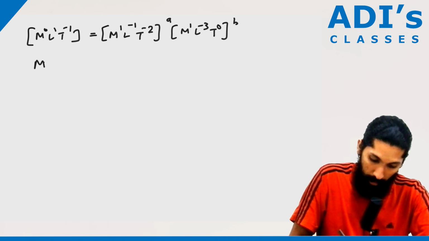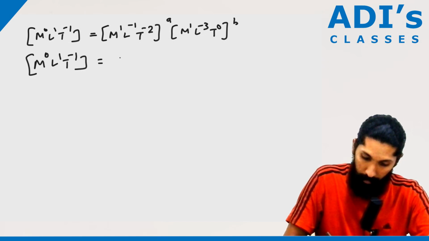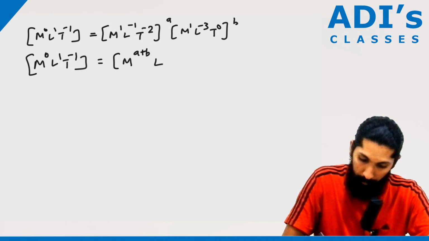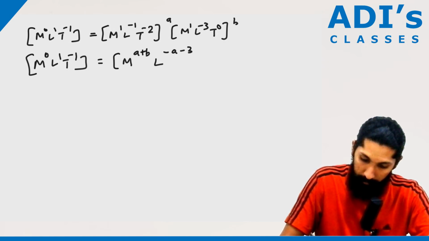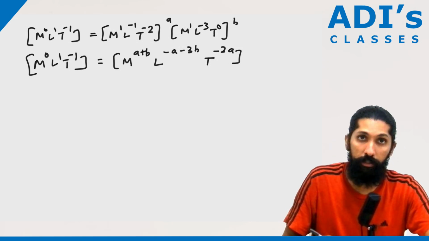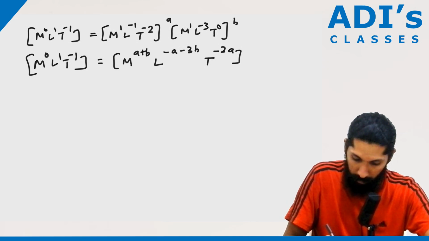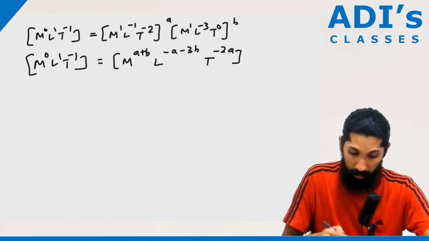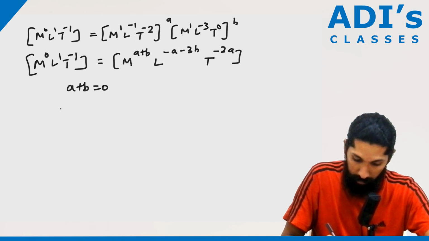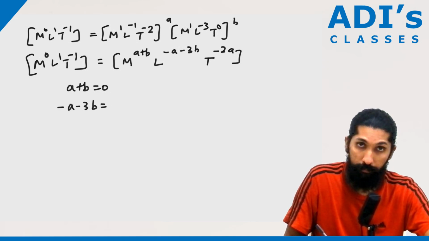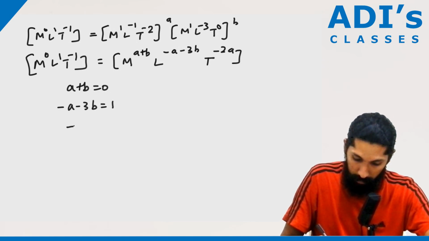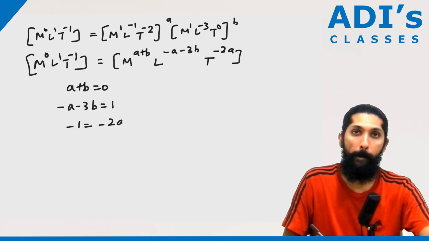So you get M0 L1 T minus 1 is equal to M power a plus b, L power minus a minus 3b, T power minus 2a. Equating the powers now, what do we get? First, a plus b is equal to 0, very simple. Then minus a minus 3b is equal to 1, and minus 1 is equal to minus 2a.